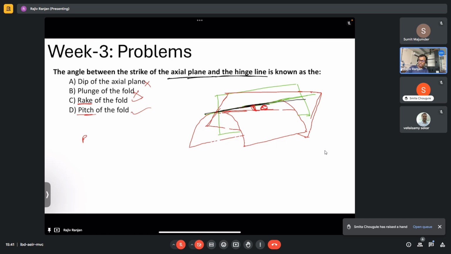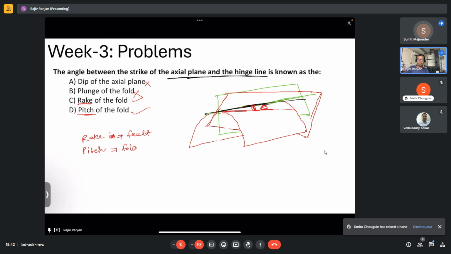Rake, generally in terms of fault, lineations on a fault, and pitch we talk about related to fold. So what will be the answer? Sumit, I have explained the solution as well.